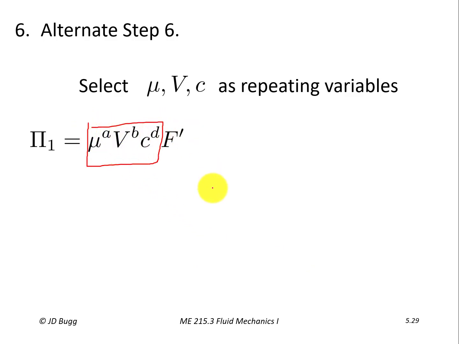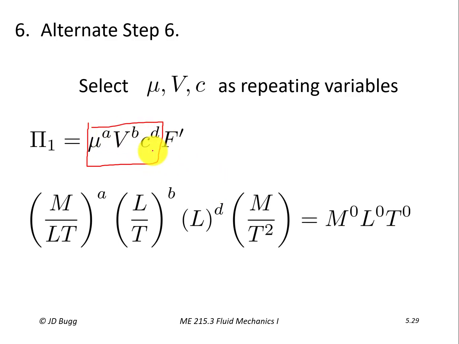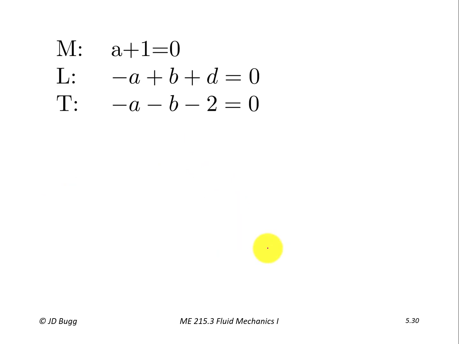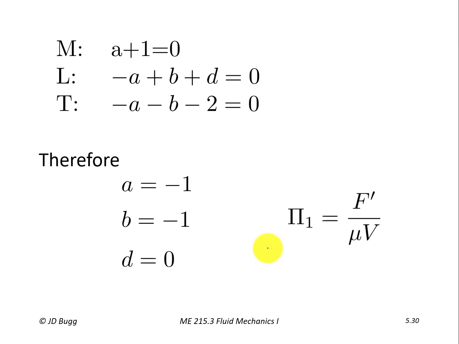We would go through the process of solving for a, b, and d. So again, repeating variables, each raised to a power. Our dependent variable here, just raised to the power 1. Set up our system of linear equations, and the result would be a of minus 1, b of minus 1, and d would have to be 0.